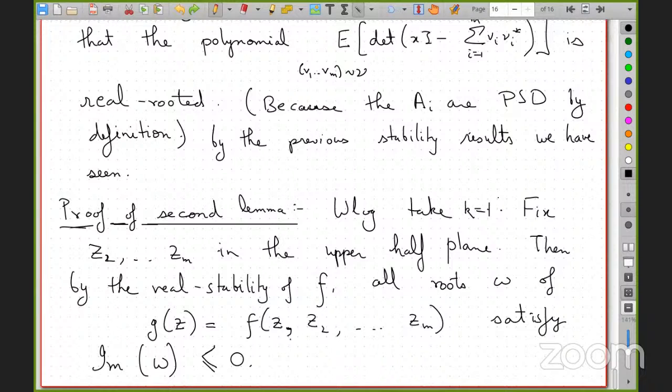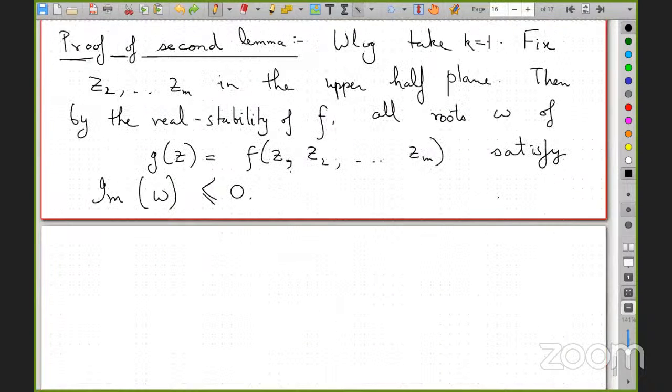Okay, so now let's see. So G has something, and what is this?